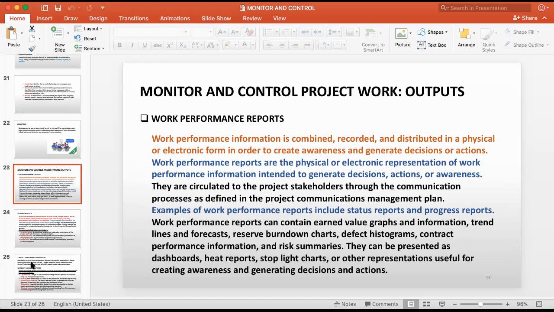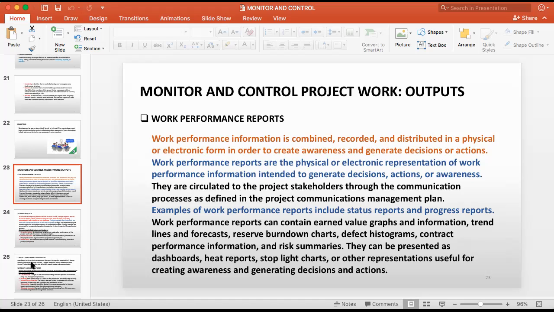Work performance reports can contain earned value graphs and information, trend lines and forecasts, reserve burn down charts, defect histograms, contract performance information, and risk summaries. They can be presented as dashboards, heat reports, stoplight charts, or other representations.